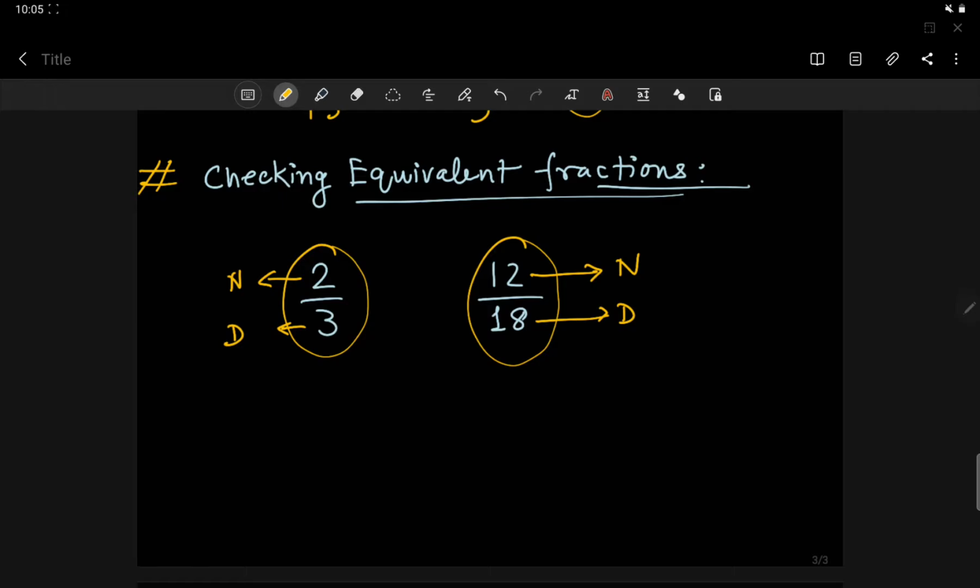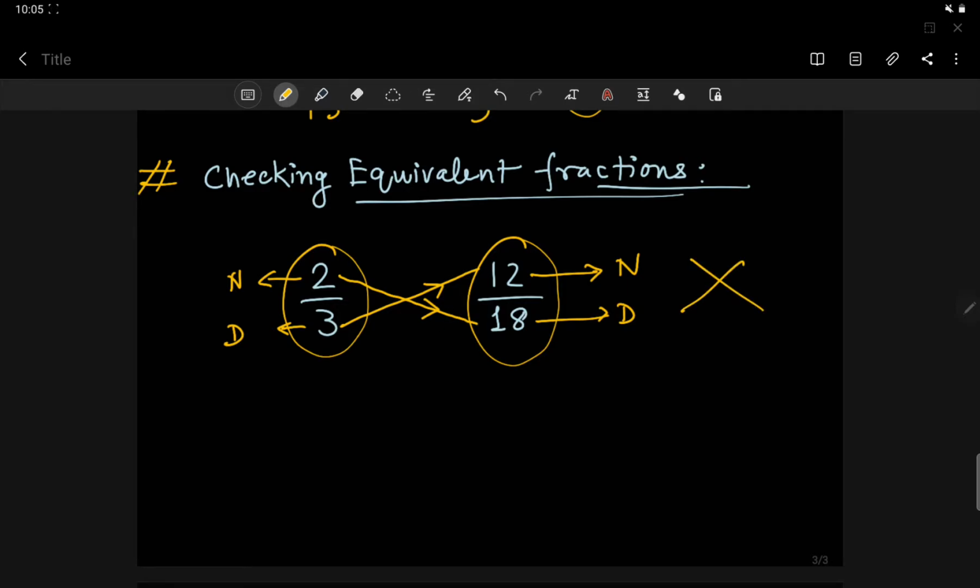How to check whether they are equivalent fractions or not? Here comes cross multiplication. Cross multiplication means this 2 will multiply by 18 and this 3 will multiply by 12. It looks like a cross.